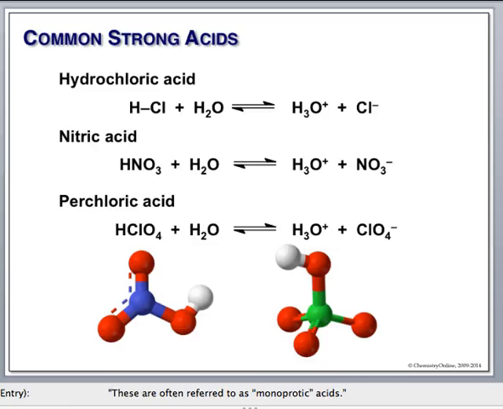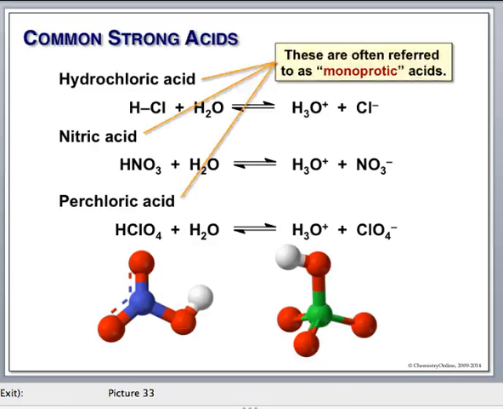Now, all of these acids, I put HCl here, HBr is a strong acid, HI is a strong acid. Actually, it turns out that HF is a weak acid, so we'll deal with that in 140. Nitric acid, perchloric acid, etc. All of these ionize to form 1 mole of hydronium, right?